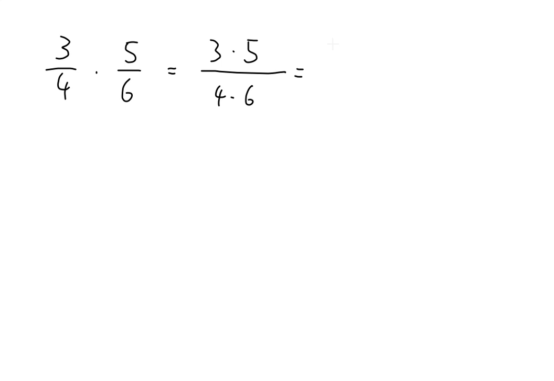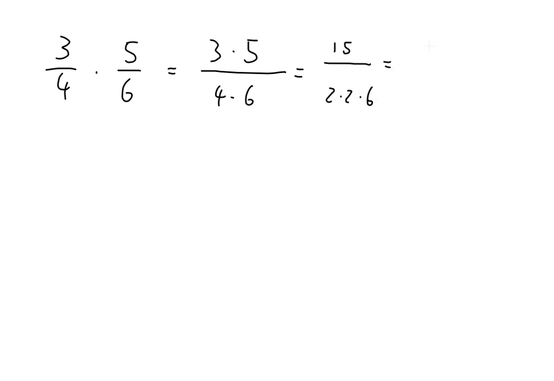For the next thing, if you have, for example, 3/4 times 5/6, how do you do it? You multiply the numerators and you multiply the denominators. 3 times 5 is 15, and 4 times 6 is the same as 2 times 2 times 6.